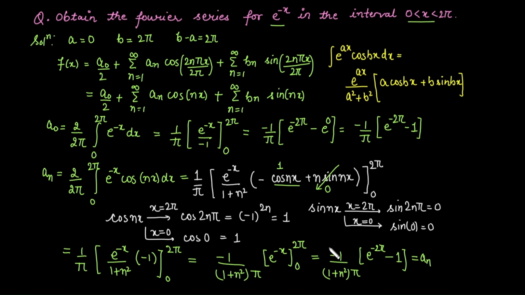Now calculate bn. So bn is calculated as 2 upon the length of the interval, that is 2 pi, integration from 0 to 2 pi, function is e raised to power minus x, sine of n into x, and integration with respect to x. Again we are going to use the formula over here.